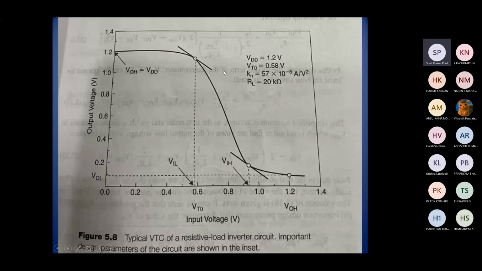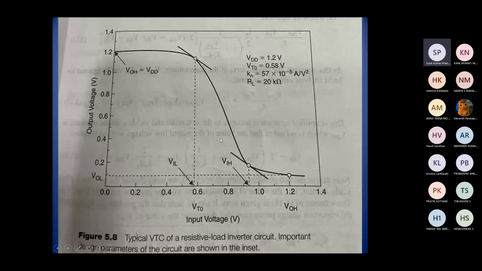So dV out by dV in is unity here, and in this case also dV out by dV in is equal to unity. And this is our threshold voltage, VT0.